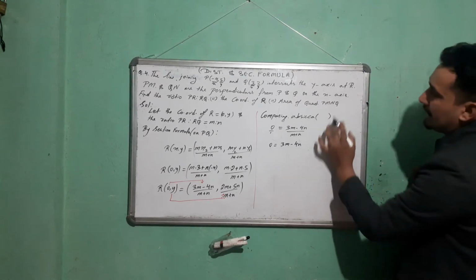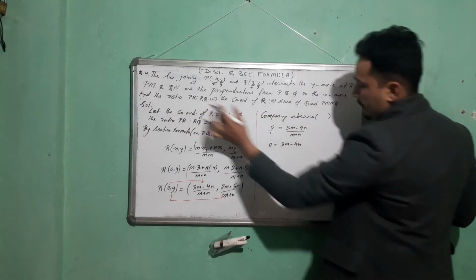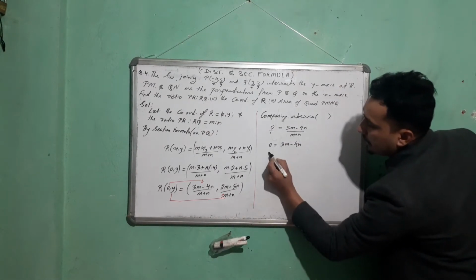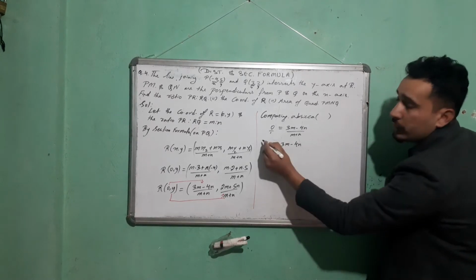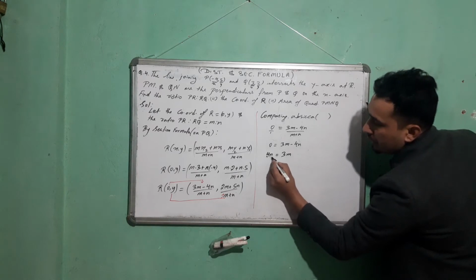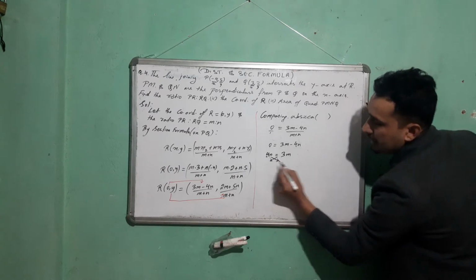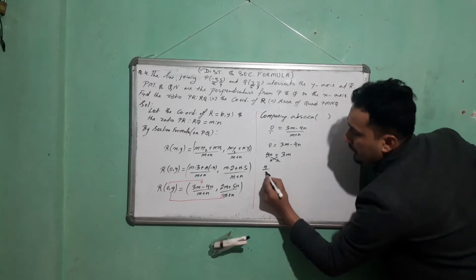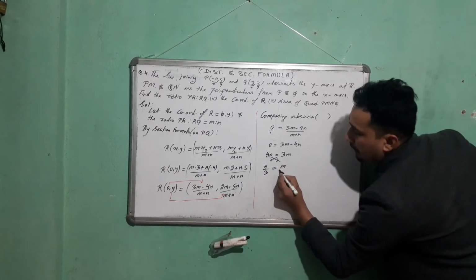Now we need to find the ratio. First we need to find the ratio. Ratio means m is to n. Let's take this side. 4n is equals to, when this minus 4n goes towards the left hand side it becomes plus 3m. So cross multiply: numbers one side, letters another side. 4 upon 3 will be equals to m upon n.